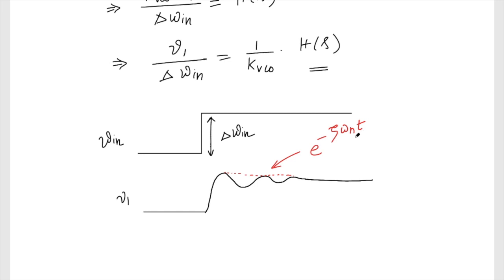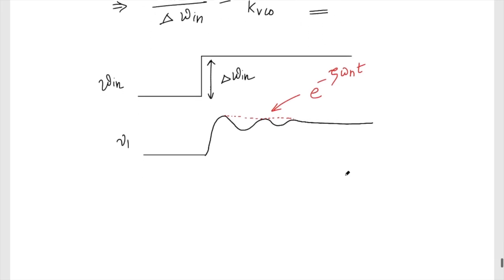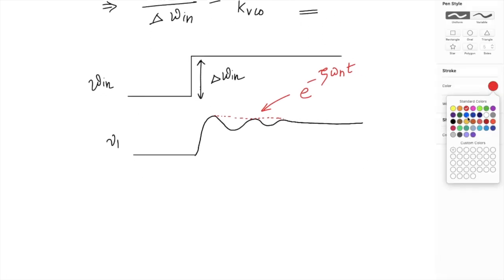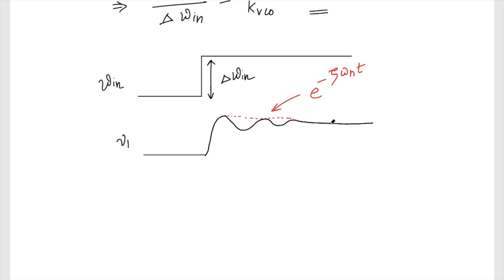So if I make this eta omega n very large, the exponential decay is going to become faster. And if I substitute and multiply eta and omega n, I'm going to get a relation something like this: for the LPF, it is half into 1 by RC.